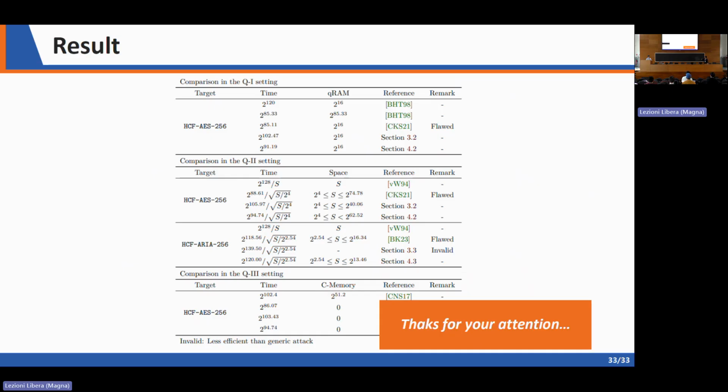Any applicability? Our method is not limited to this case, but the condition for application is not general. So I haven't studied the application further.